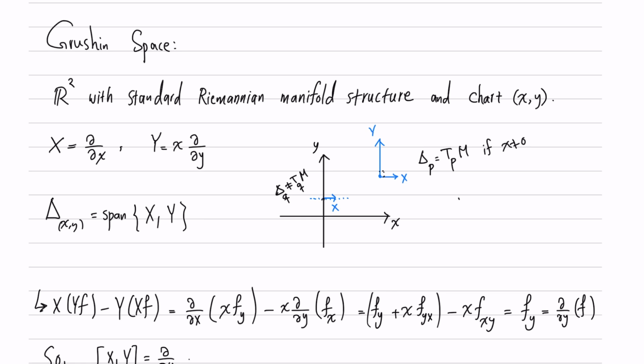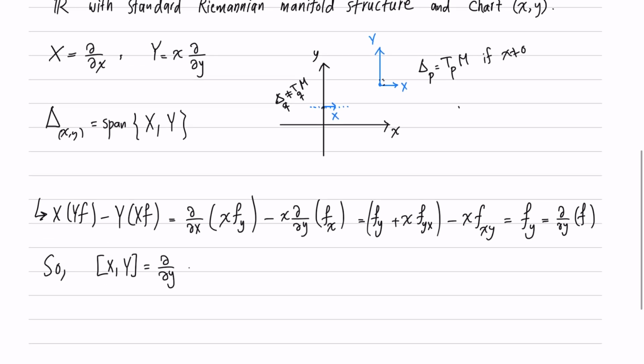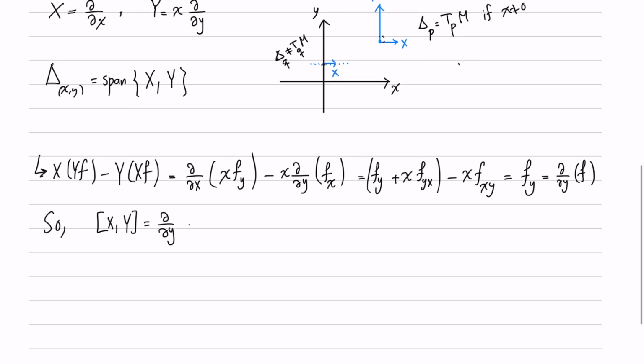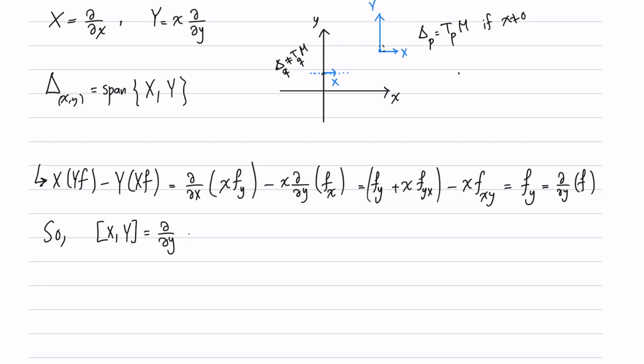One noticeable feature here is that unless you're on the y-axis, X and Y already span the whole tangent space because they point in perpendicular directions. It's the question of the situation along the y-axis. To check that the distribution is bracket generating, I calculated the bracket by applying vectors to a smooth function, and we see that the end result is that the bracket of X and Y is none other than ∂y.